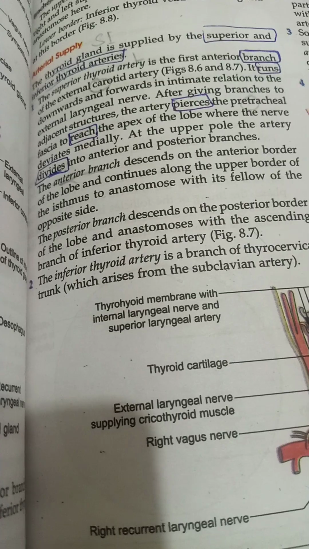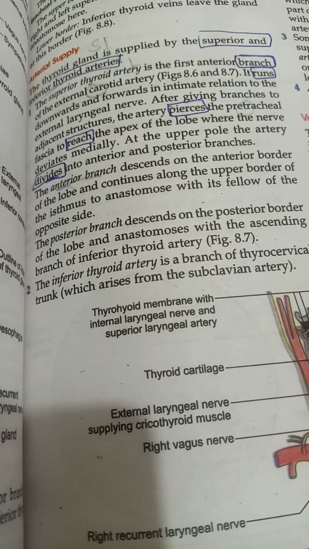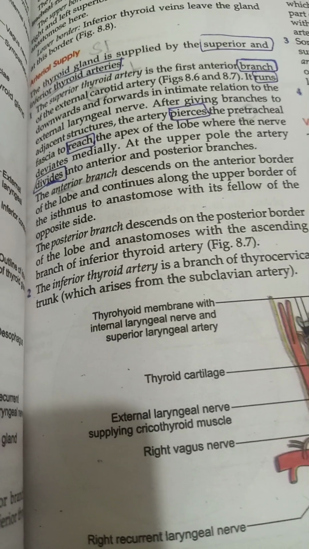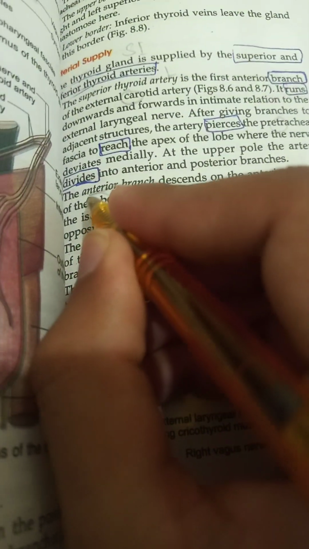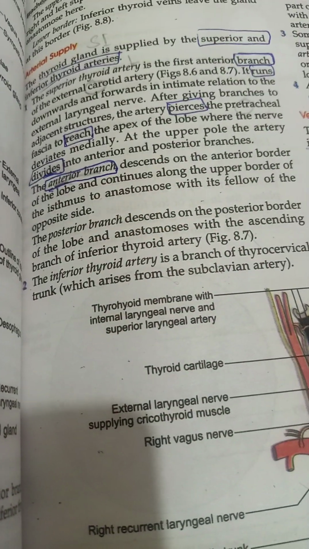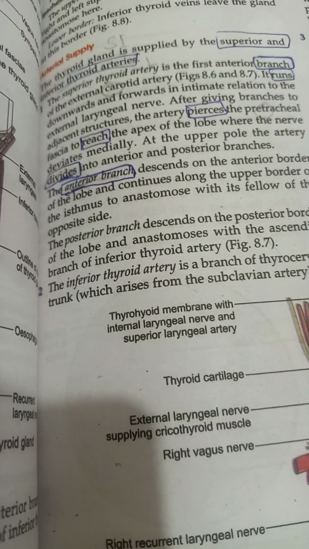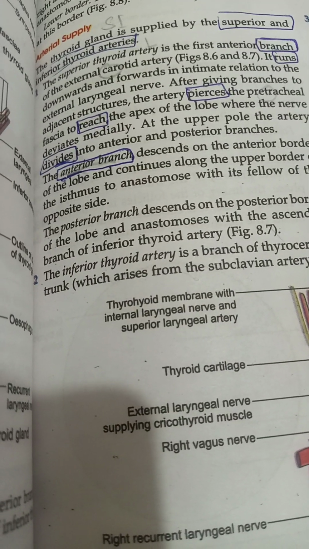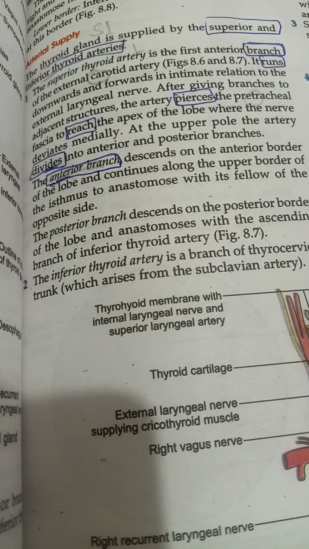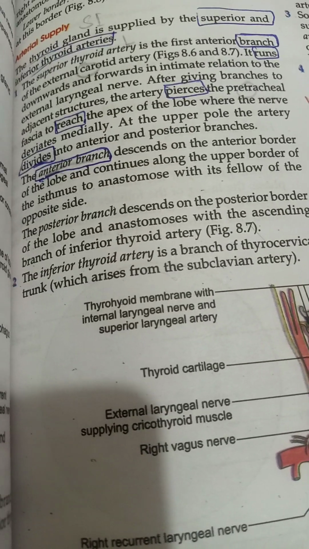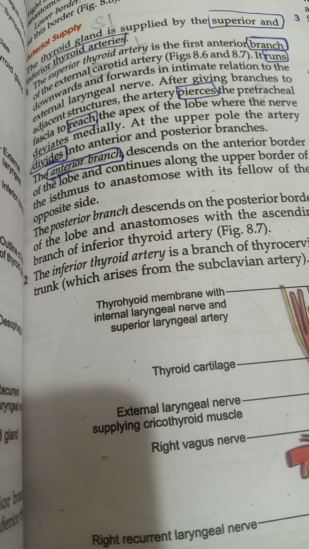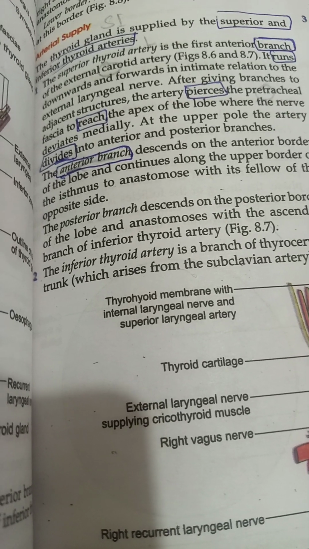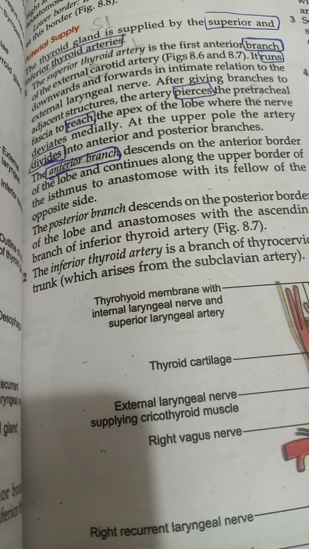The anterior branch descends on the anterior border of the lobe and continues along the upper border of the isthmus to anastomose with its fellow of the opposite side.